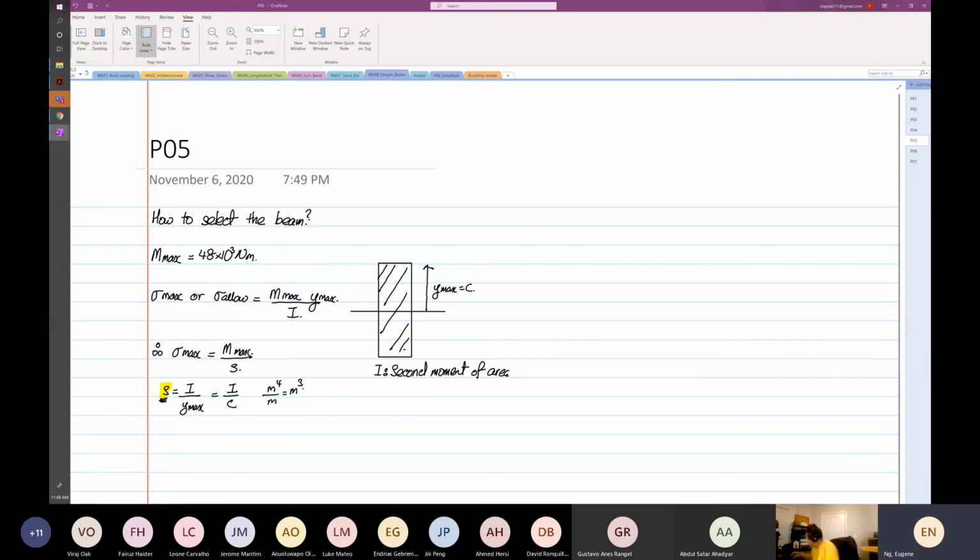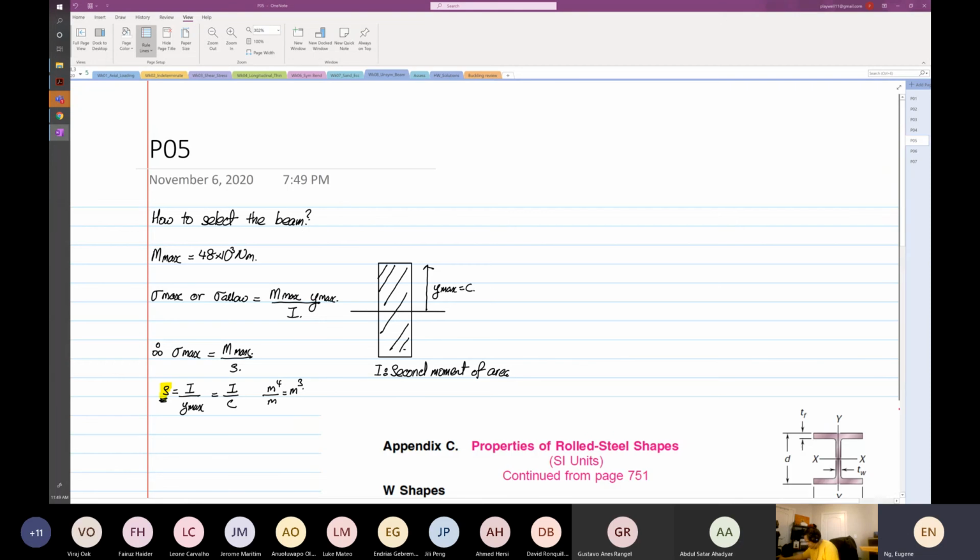Now let's go to the table. I'm going to pull the table up so you guys will have this table also. I'm going to copy the table and we're going to paste. Where did the table go? The table is somewhere. I'm going to make the table smaller so all of us can read.